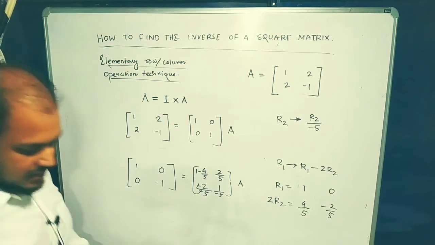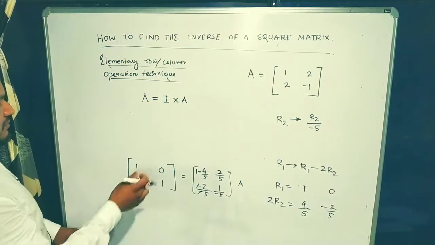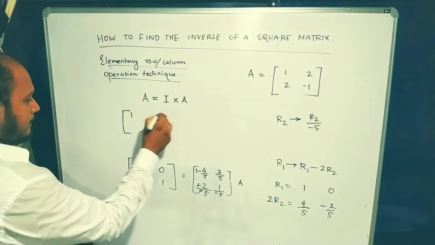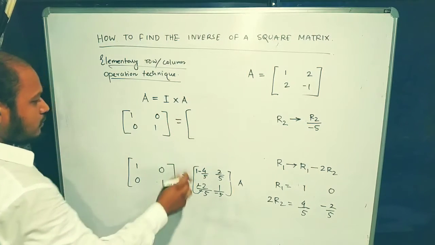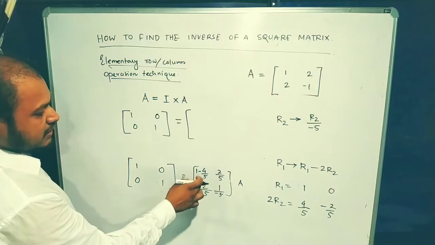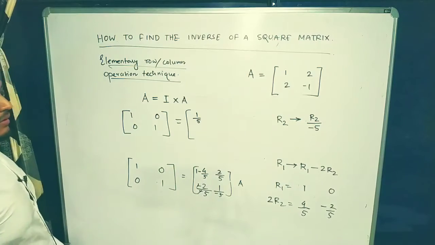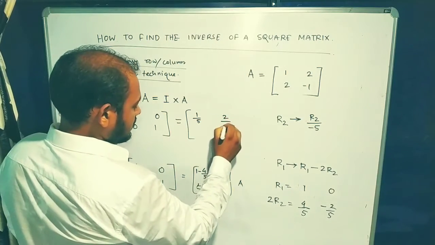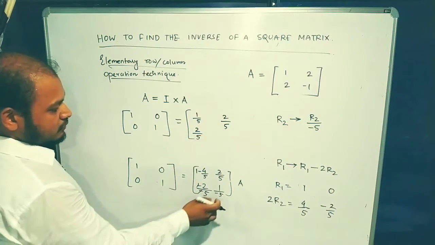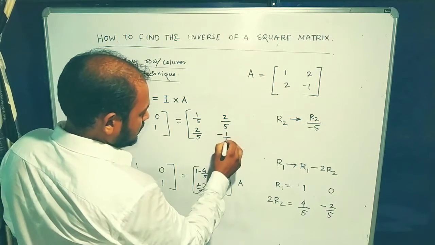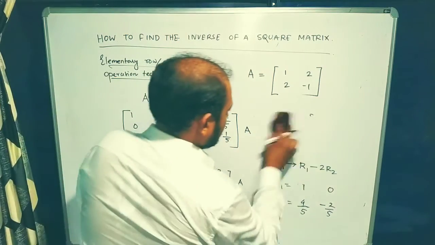So after this, if I write this matrix here, then on the left hand side we have 1 0 0 1, equal to 1 minus 4 by 5, take LCM, 5 minus 4 by 5, that is 1 by 5, and we have 2 by 5 here. In a similar fashion, we have a 2 by 5 here, and a minus 1 by 5 here, multiplied by A. Let me rub all of this.